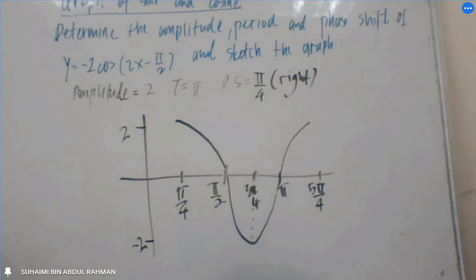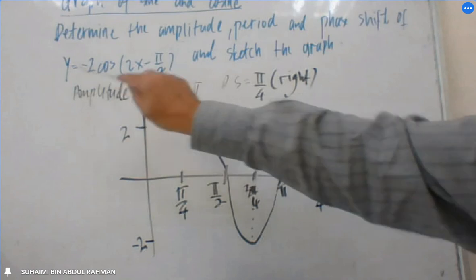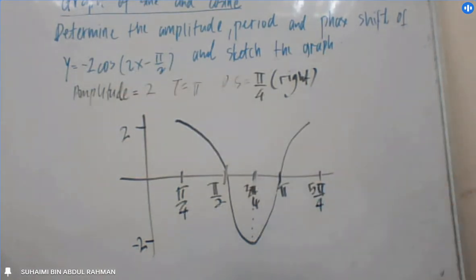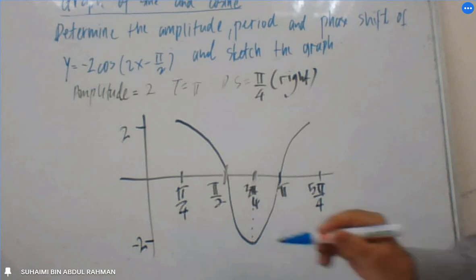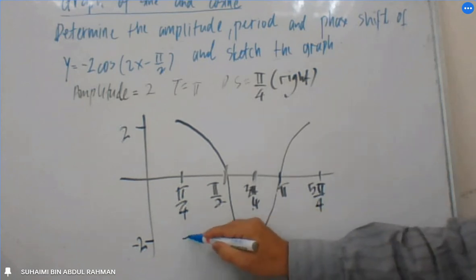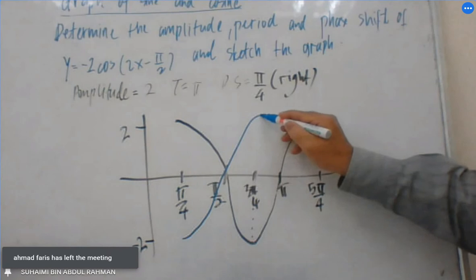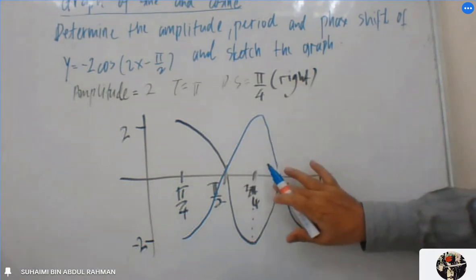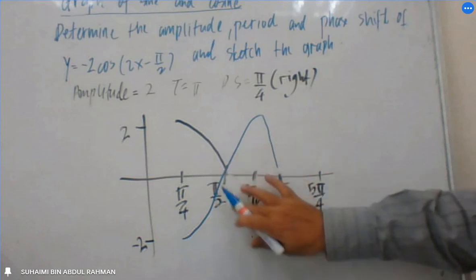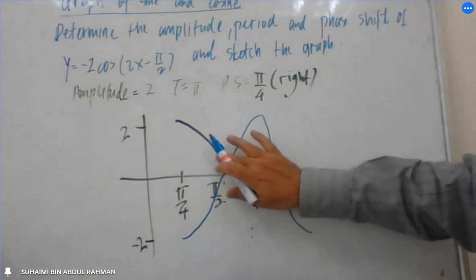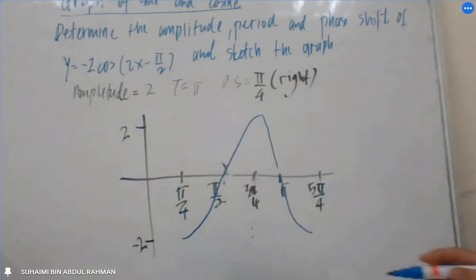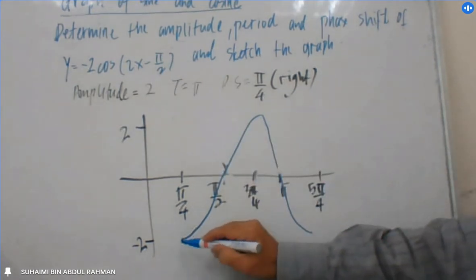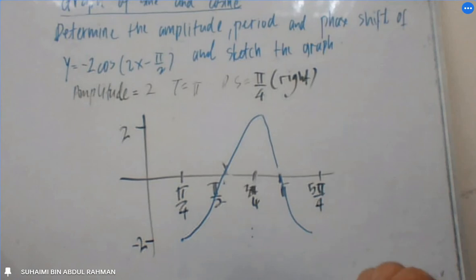Since again it is negative, negative meaning that we have to reflect. So we need to reflect. So what is this point?